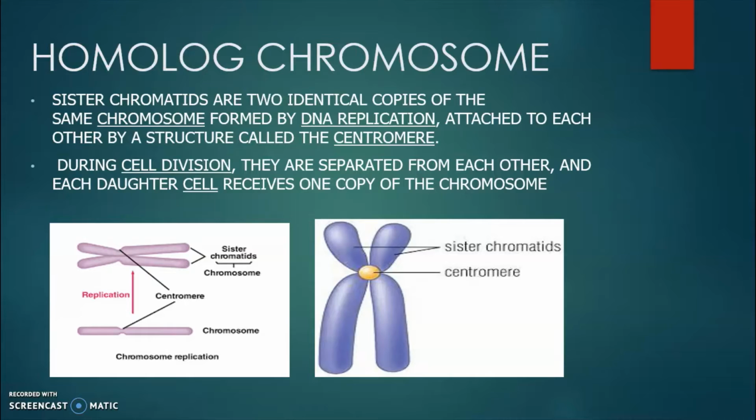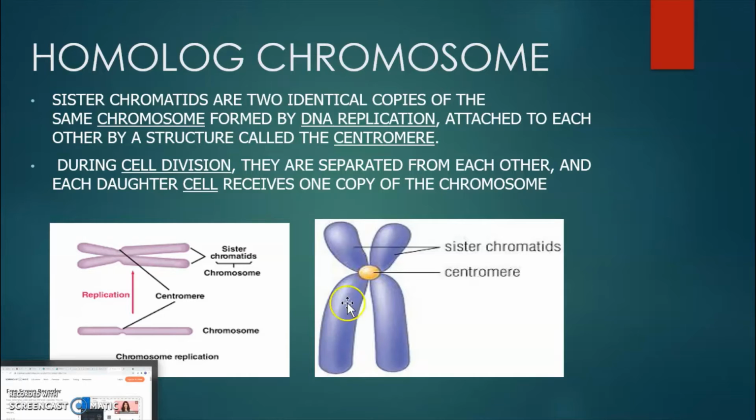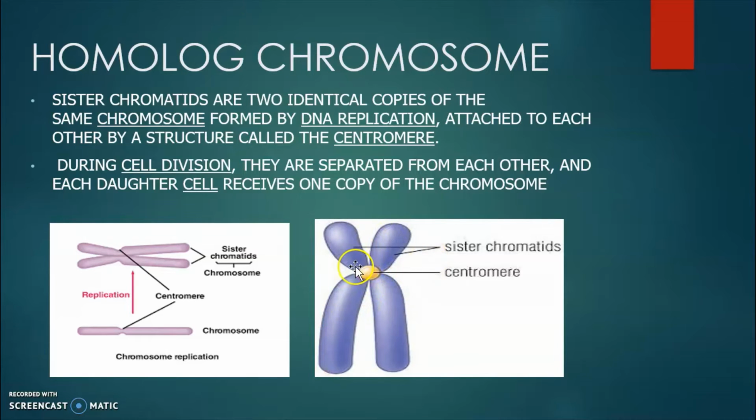Next would be the homologous chromosome. Sister chromatids are two identical copies of the same chromosome formed by DNA replication attached to each other by a structure called centromere. It's like the centromere is the attachment center for the sister chromatids. During cell division, they are separated from each other and each daughter cell receives one copy of the chromosome.